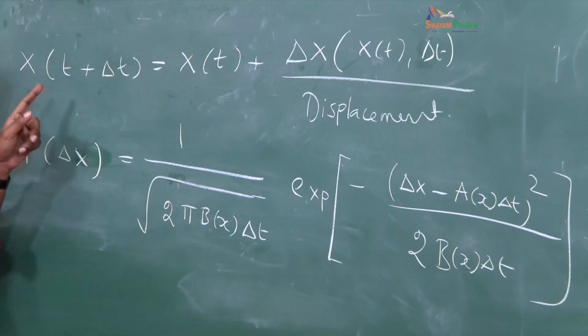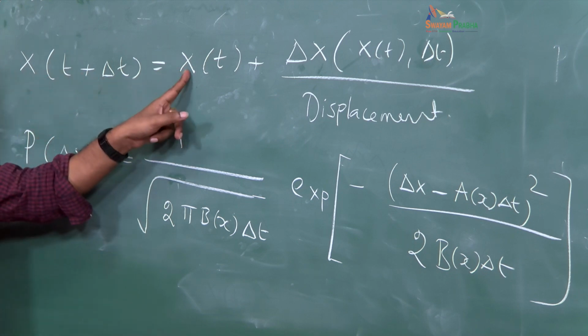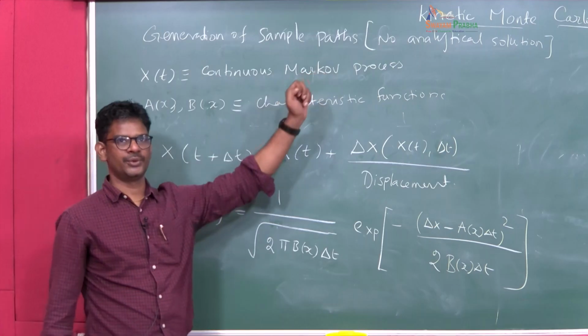So what we are saying is we don't know the underlying distribution for x, because we don't know the analytical solution.